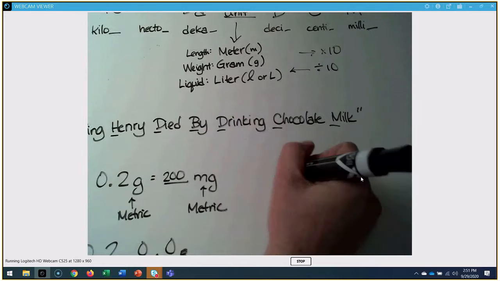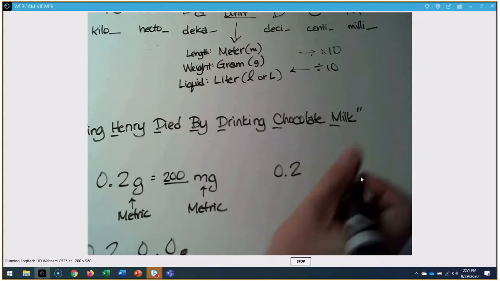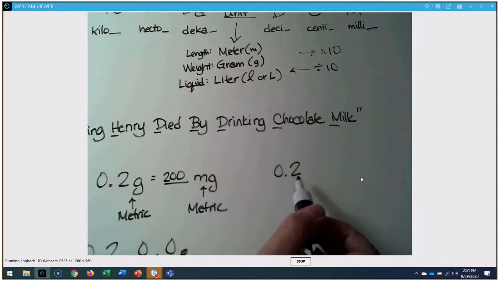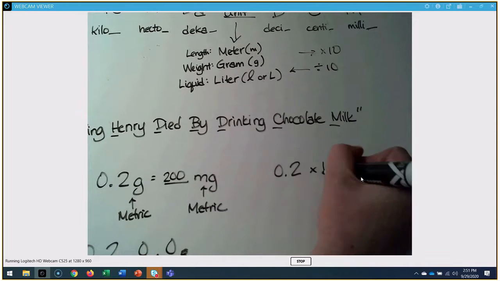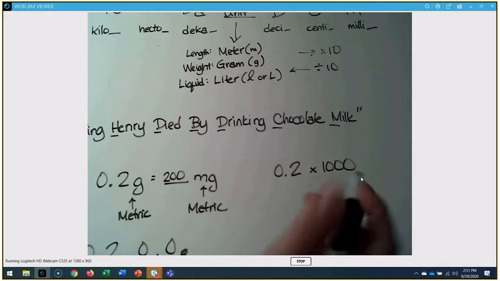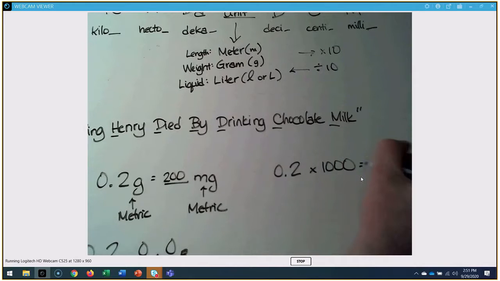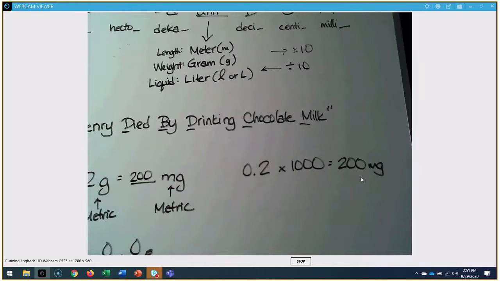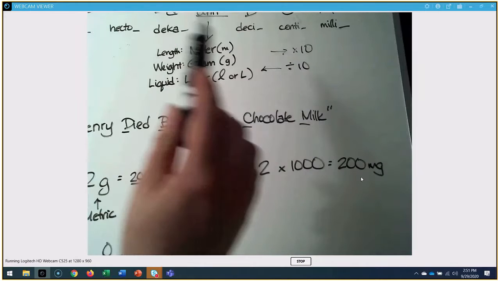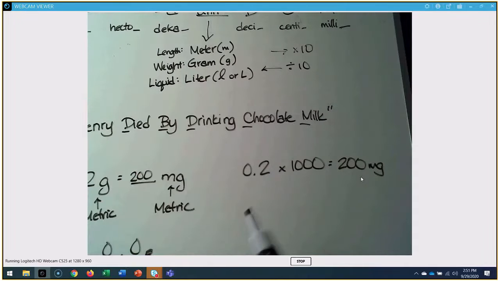So what we could have done instead would be 0.2 times 1,000. And that will give you 200 that way. Just a different way of thinking about it. You still use the metric prefix line to figure out what that would be, but instead of moving your decimal, you could just plug it into your calculator.